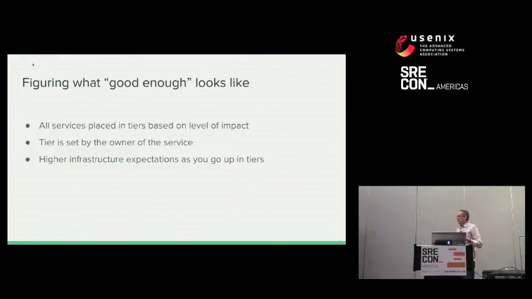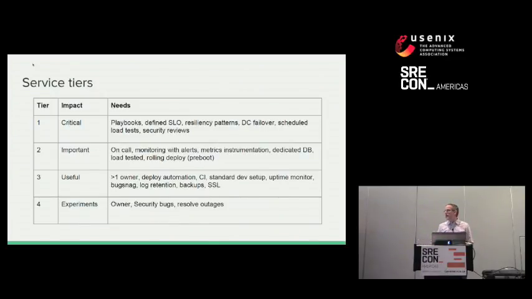Then the second question, like I said, was figuring out the right amount of investment to be making. So what we ended up doing was dividing our systems into tiers. This is just buckets of importance, essentially. It's a very simple model. I know other companies sometimes have more elaborate structures around this, but we defined 4 tiers.